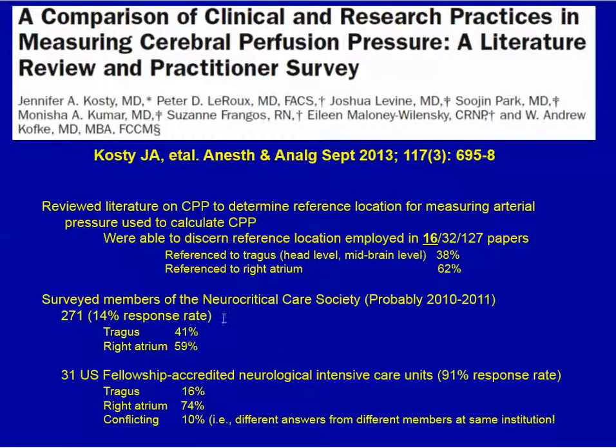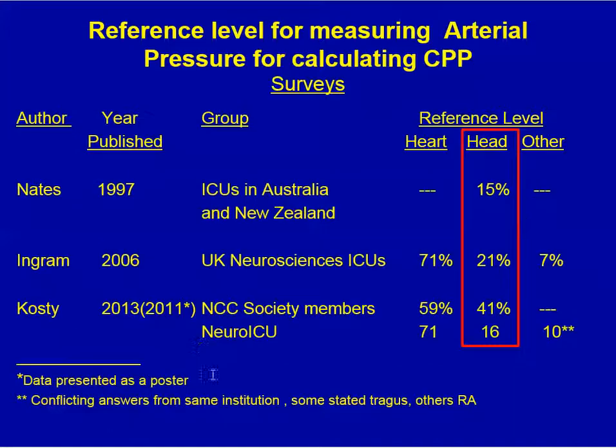They then surveyed members of the Neurocritical Care Society and again found that only about 40% referenced arterial pressure to the head level, whereas 60% referenced it to the heart level.